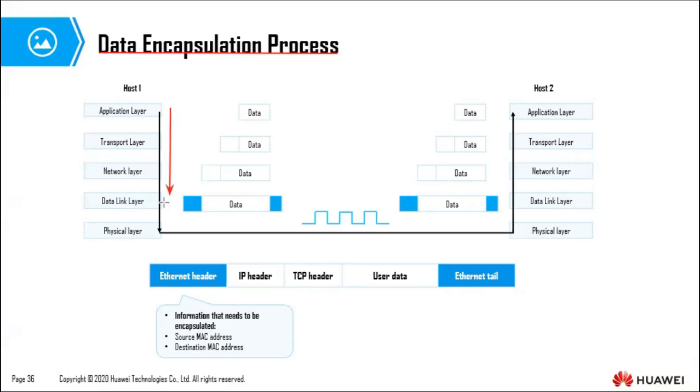Specifically at the data link layer, we are going to add an Ethernet header and a tail. Information that needs to be encapsulated in the Ethernet header includes the source MAC address and destination MAC address. Then the tail contains the frame check sequence.